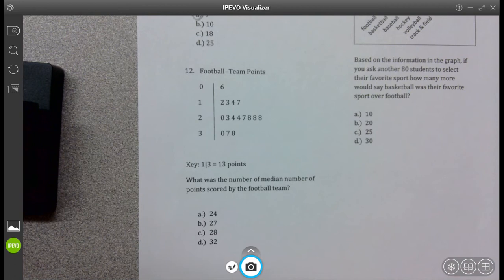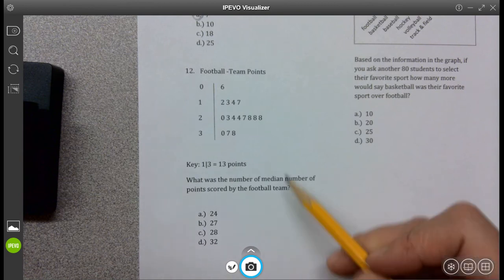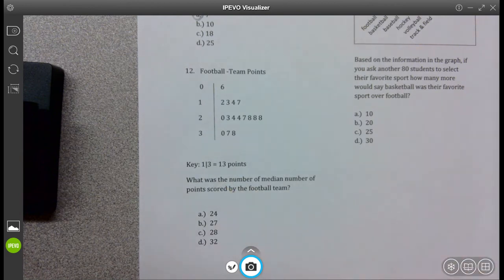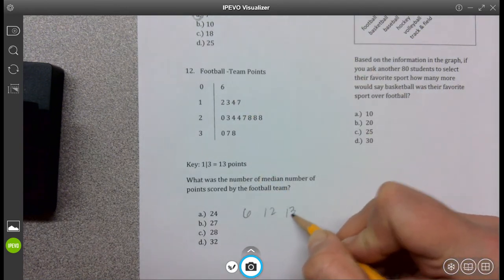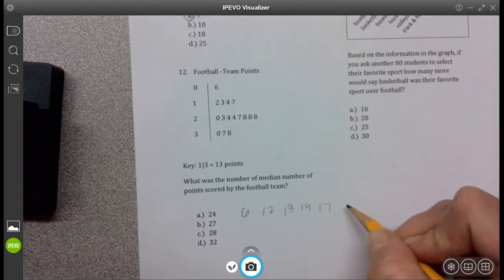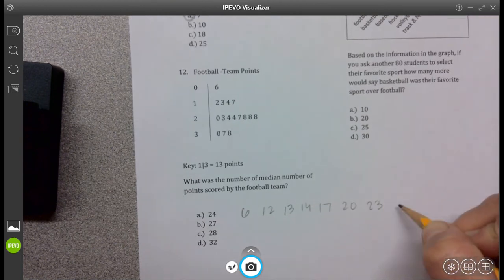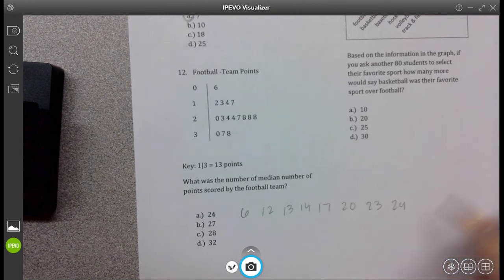Here's a stem and leaf plot. It says, what was the number of median? It should just be like, what is the median number of points scored by the football team? So we start with 6, 12, 13, 14, 17, 20, 23, 24, and you write it out and you cross off that way.